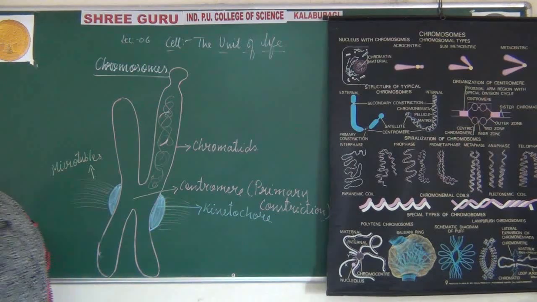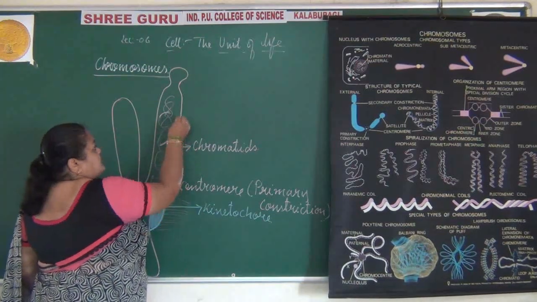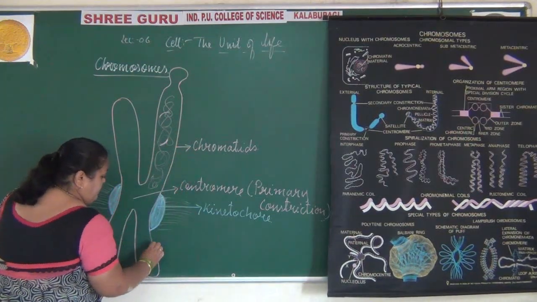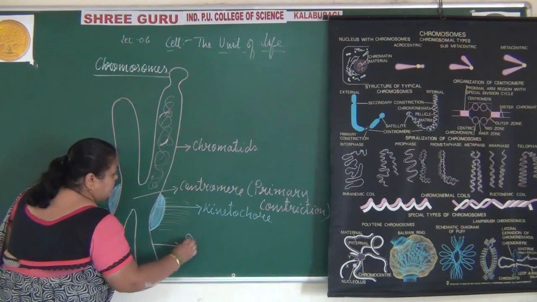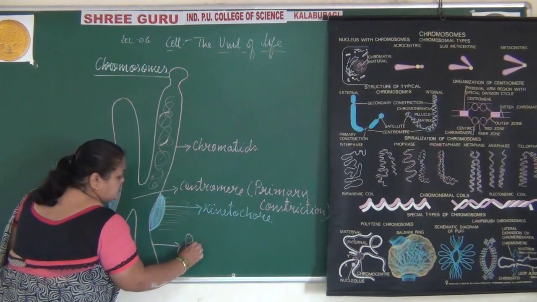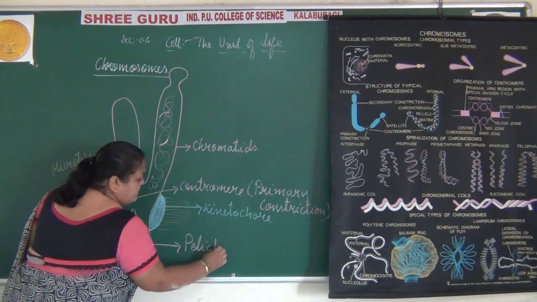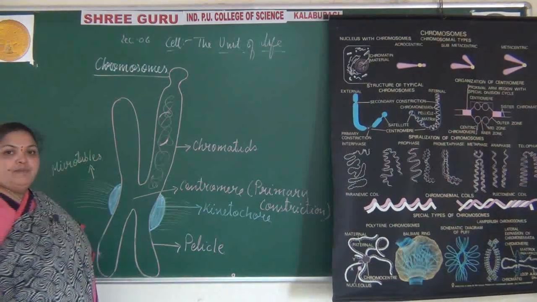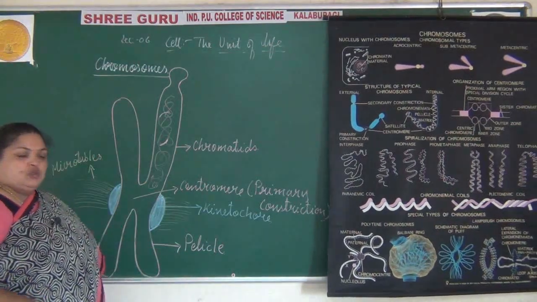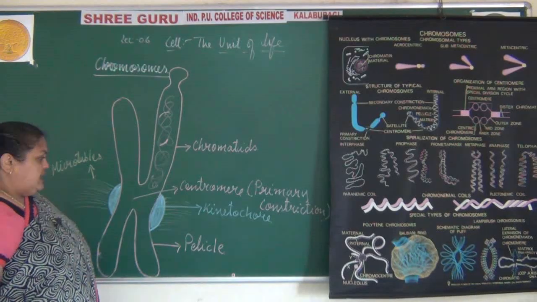Then the chromatids: the membrane of the chromosome is known as the pellicle.